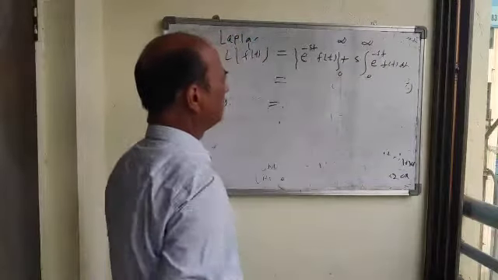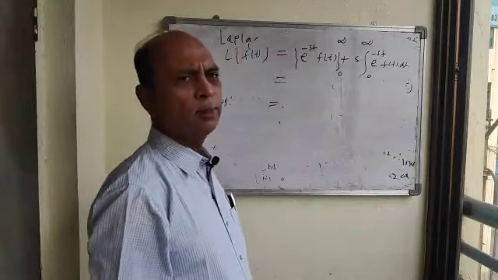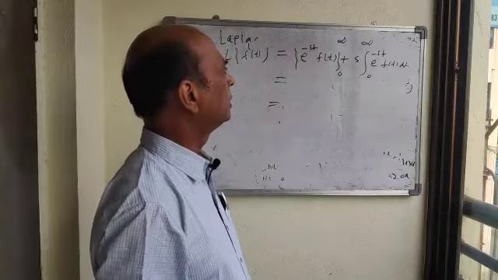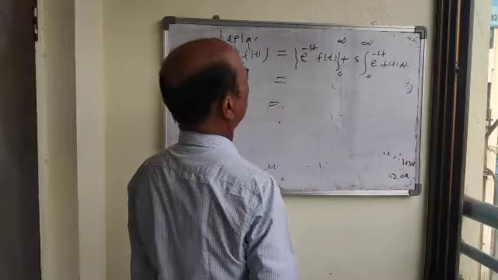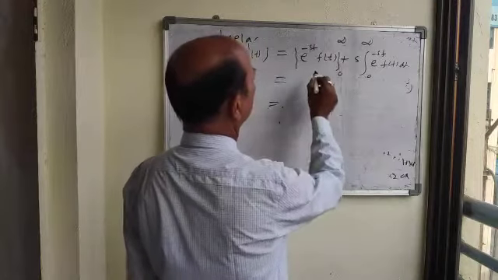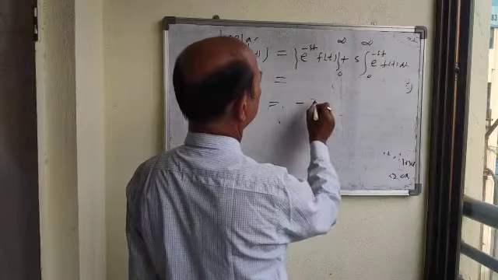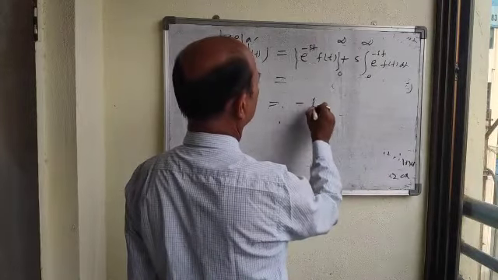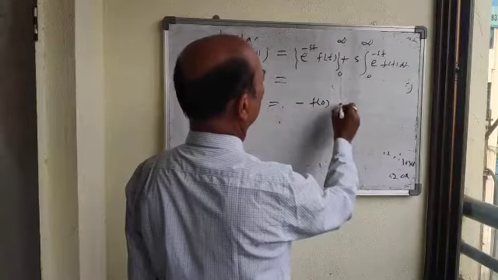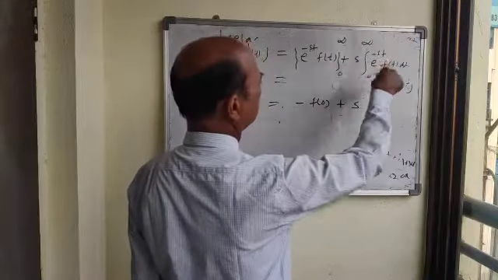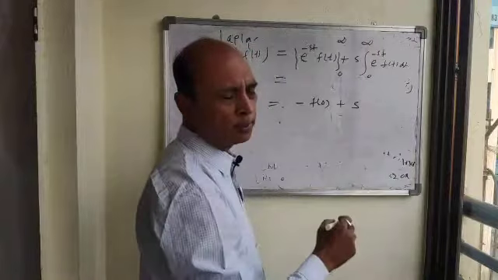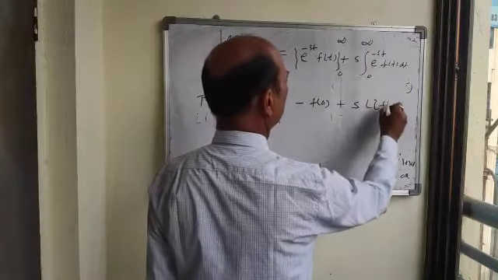If we take the limits here, e to the power minus infinity means 1 upon e to the power infinity, that is 0, and minus e to the power 0 times f of 0, that is minus f of 0, and plus s into the integral of e to the power minus st f of t dt, which is L of f of t.